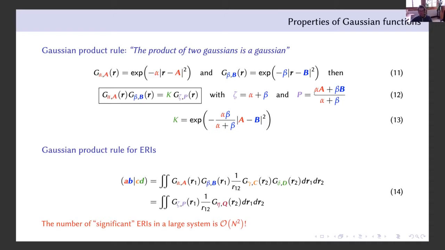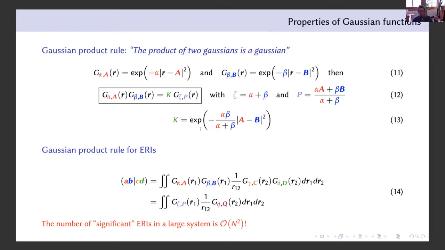Okay, that's cool. But what is even cooler is that in front of that you have this prefactor K, which is given by this. What is very important with that exponential is that term here, because it tells you that if A and B are far away from each other, this product is going to decay exponentially.